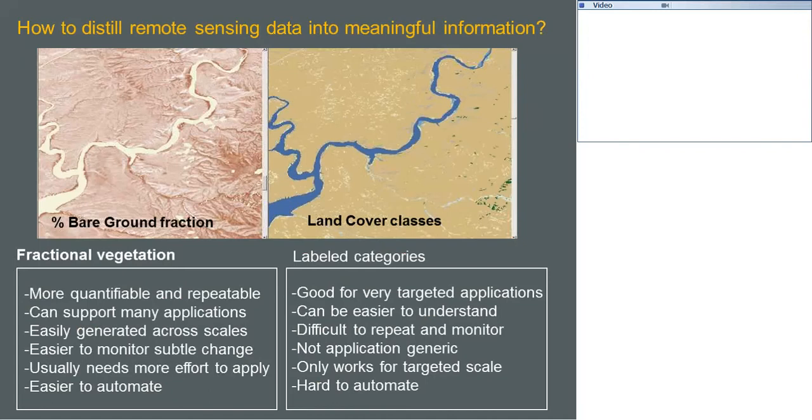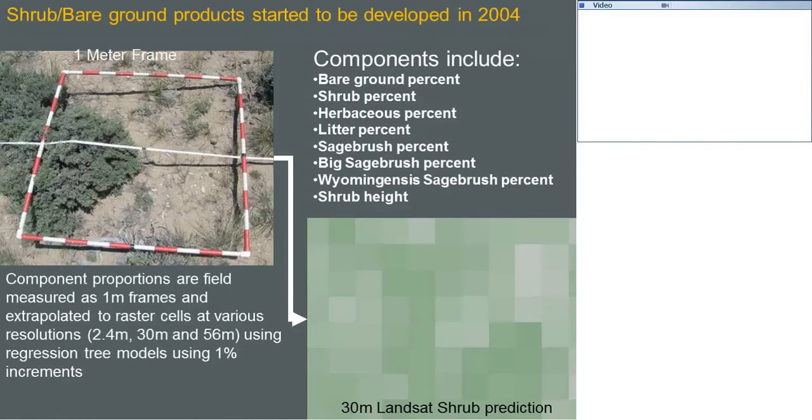If you have a local scale classification, a very targeted application, classes are usually the better way to go, but very hard to repeat. If you have a more generic, wider area strategy you need to repeat over and over, like a monitoring example, the continuous field or the fractional veg is a better way to go. And that's the direction that we've gone here.